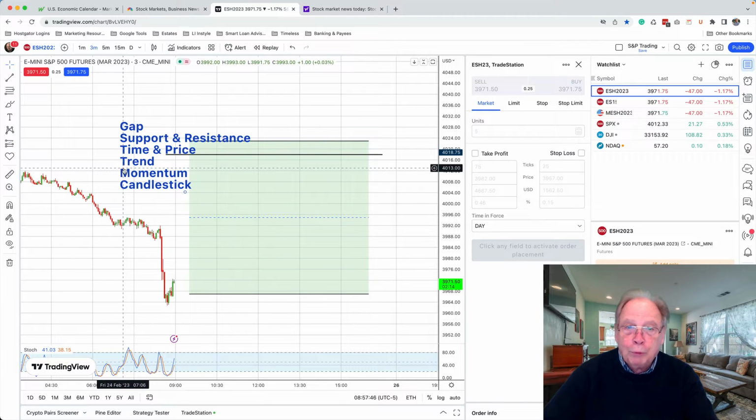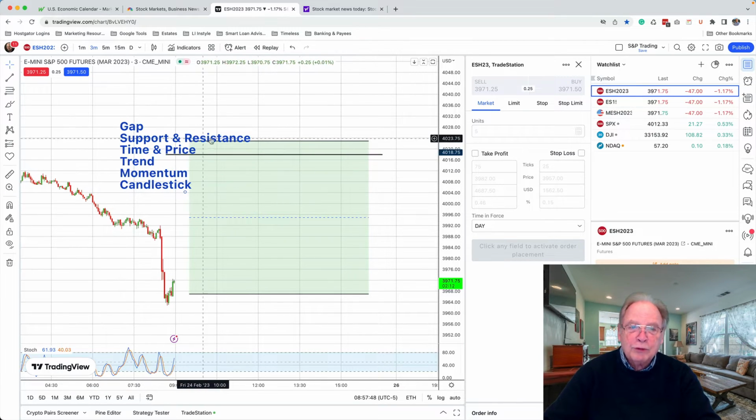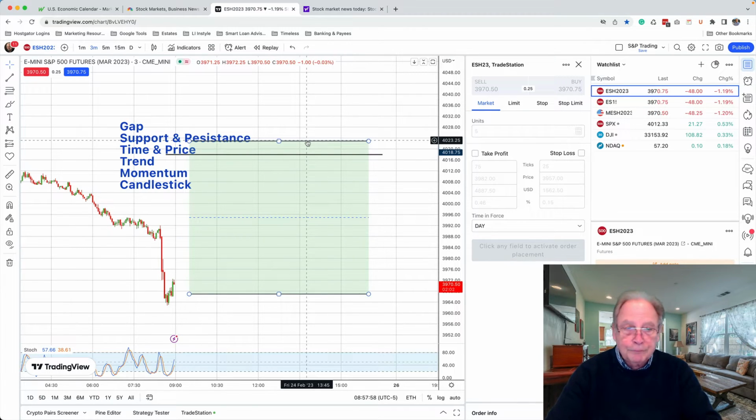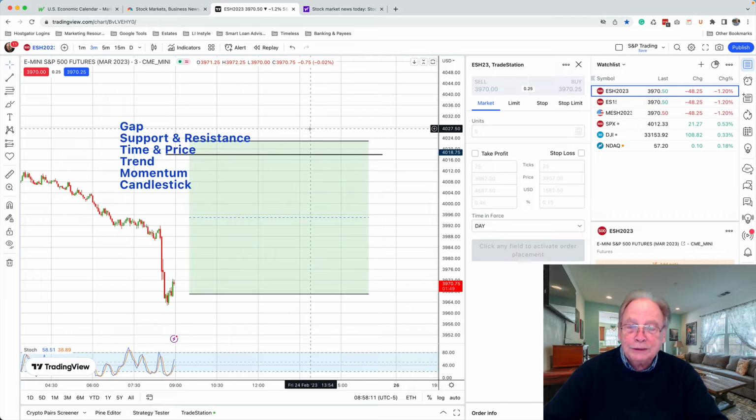But even more important, I use the Taylor calculations that I modify from the teachings and additional observations of George Angel, I'm not sure how to pronounce his name. At any rate, the calculations come to 12 individual calculations that are averages of averages, and they boil down to a resistance and a support number for each day.